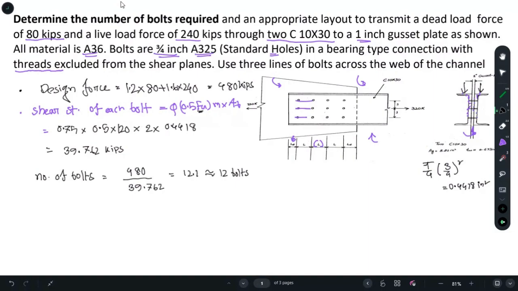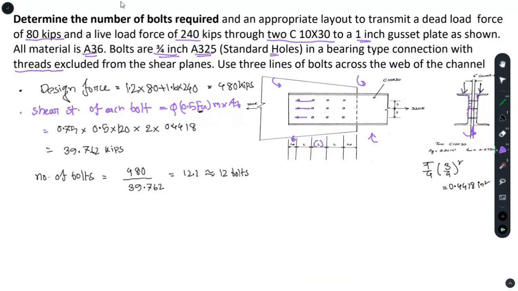But when you are selecting the number of bolts, you will have to go through several checkings. That is, you'll have to find out the bearing capacity of this channel and the gusset plate.